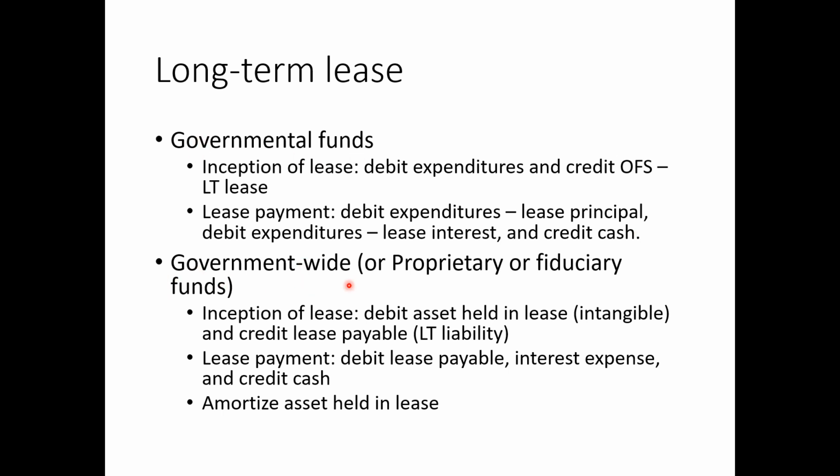And for government-wide, or for the proprietary funds or fiduciary funds, all these are on a full accrual basis. When we sign the lease, we will debit assets held in lease, which is a long-term asset, and credit lease payables, a long-term liability.